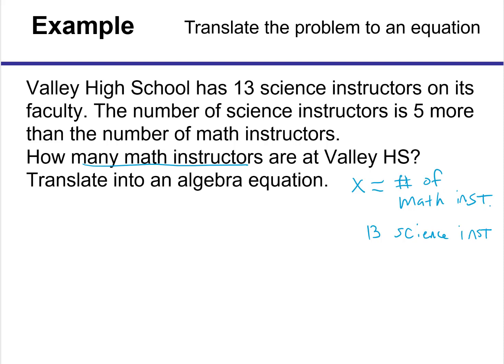And we do not know how many math instructors there are. That's a question mark. But we do have a clue. The number of science instructors is 5 more than the number of math instructors.